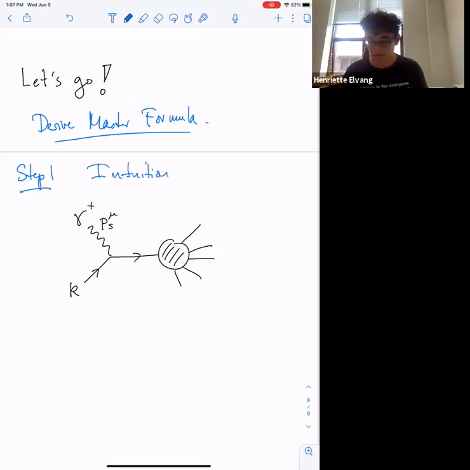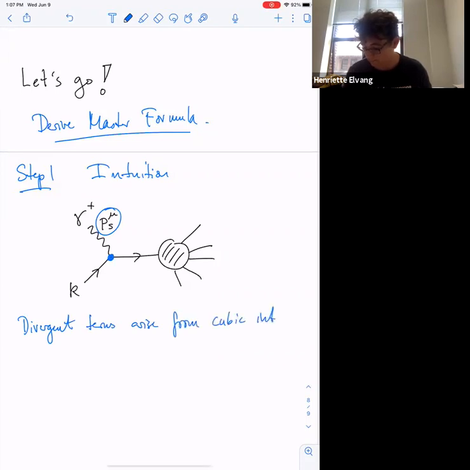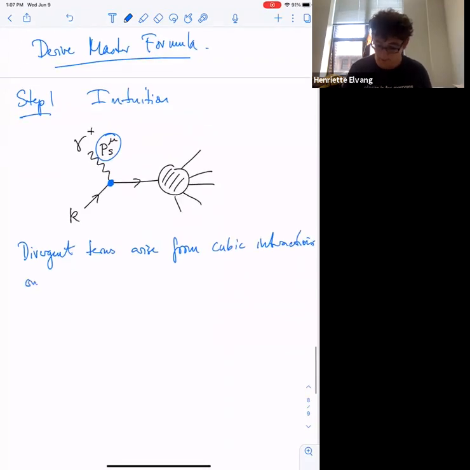Our intuition is that the divergences come when I take a particle soft and some propagator inside a diagram will go on shell. And that exactly happens whenever I have a cubic interaction. So the intuition is that divergent terms arise from cubic interactions, and they only arise from cubic interactions.